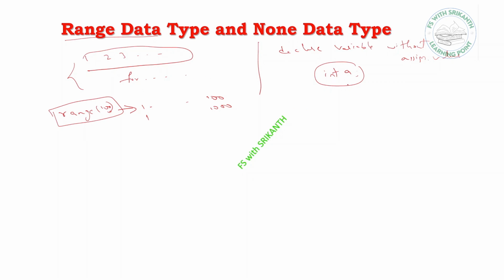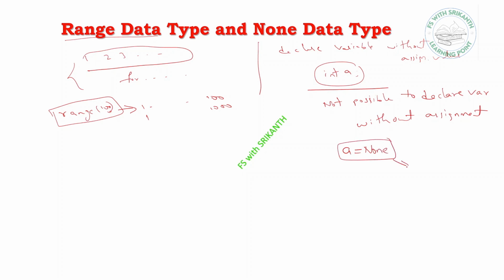In Python it is not possible to declare a variable without assignment. If you have a variable, you definitely assign it, but if you don't have any value, in that situation you may use a None type.